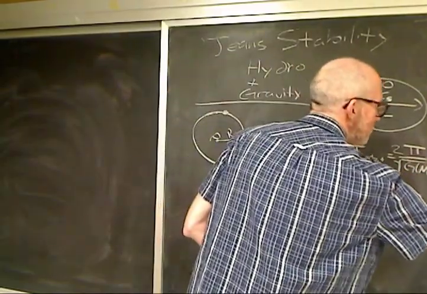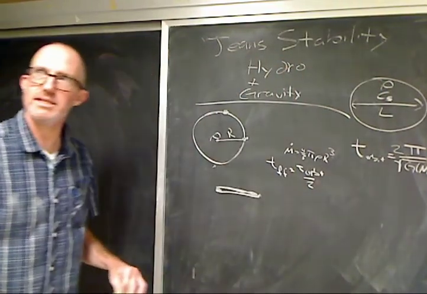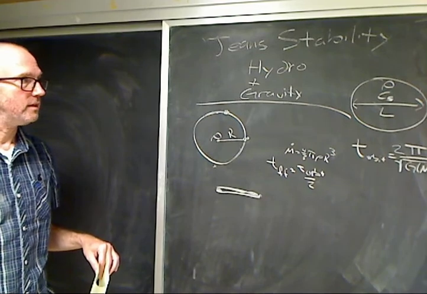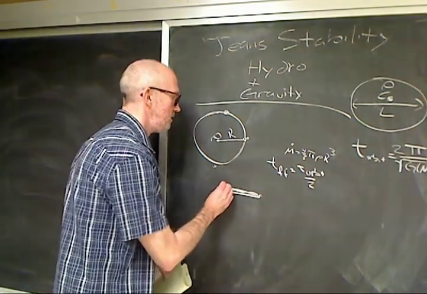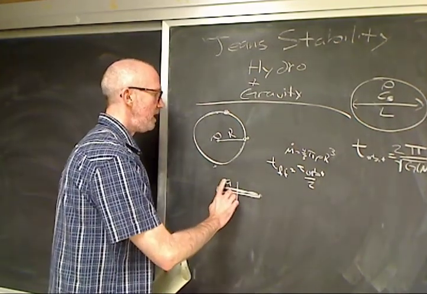And R, well, okay, I'm sorry. Not R, A. A is the semi-major axis. That's the horizontal, like, radius, so to speak, here? Yeah.